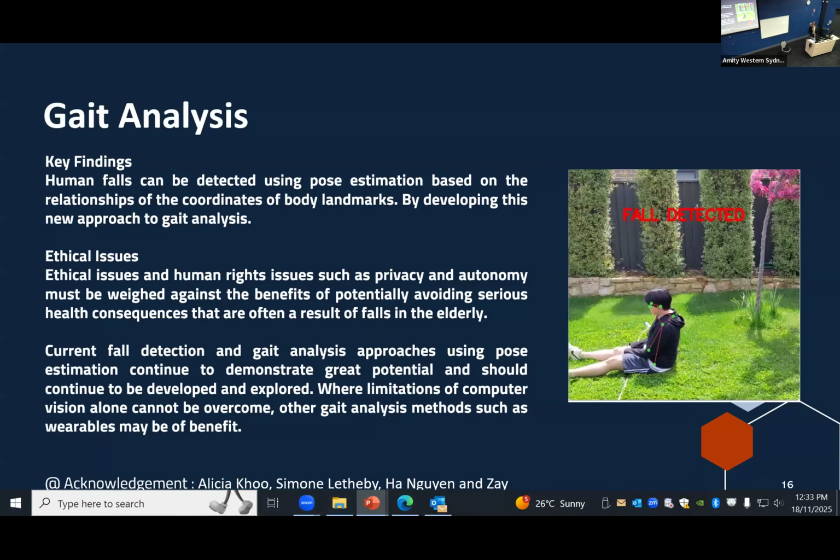The issue with Australia, and I think many countries around the world, is we don't have enough people to look after the elderly. It's very costly. So maybe a camera that doesn't take pictures or video of the person, just takes the points on the body, and then observes the points and gives feedback to your GP or practitioners who want to know how you're walking and moving, and also monitors the movement of the people.